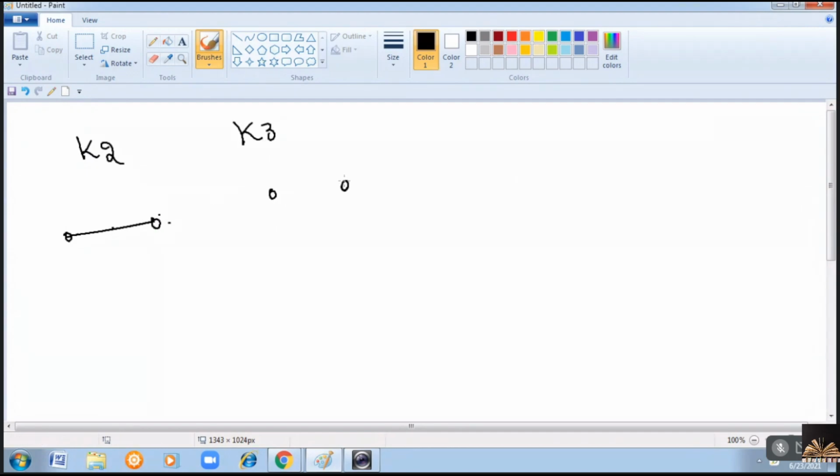Complete graph with three vertices, right? Between each pair of vertices there should be exactly one edge. So between these two we have one edge, between these two we have one edge. So it is K3. Similarly, K4: 1, 2, 3, 4 vertices. Between every pair of vertices there should be exactly one edge. Clear?